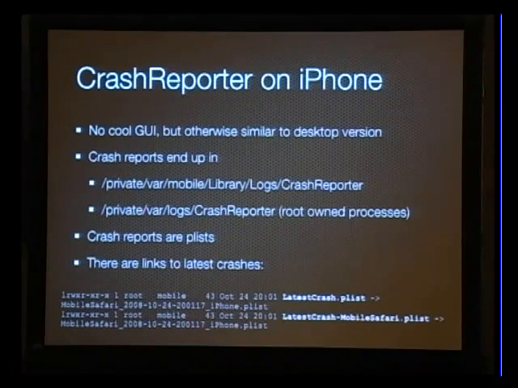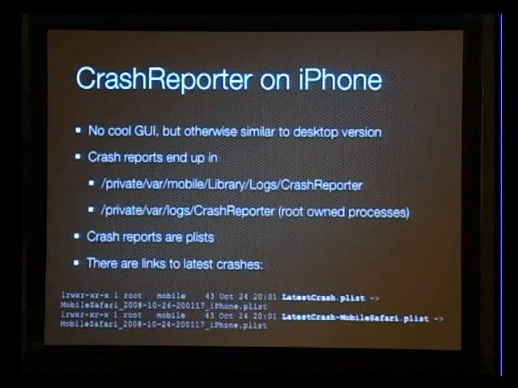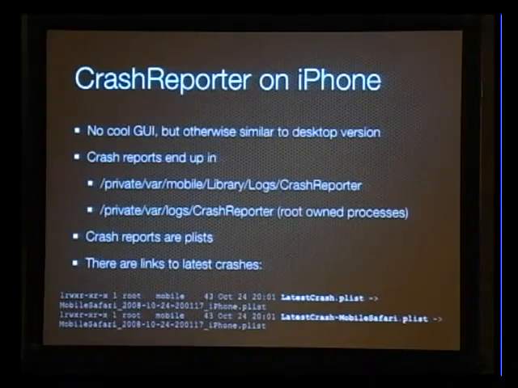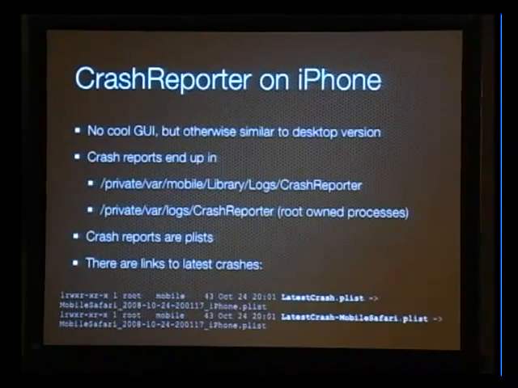One for if your program is running as the mobile user, which most things that you care about are, and then ones that are owned by root. These crash reports are plist files, which are the fancy Mac way to store data. And there's links in these directories that always point to the latest crash, and you can see what those look like.